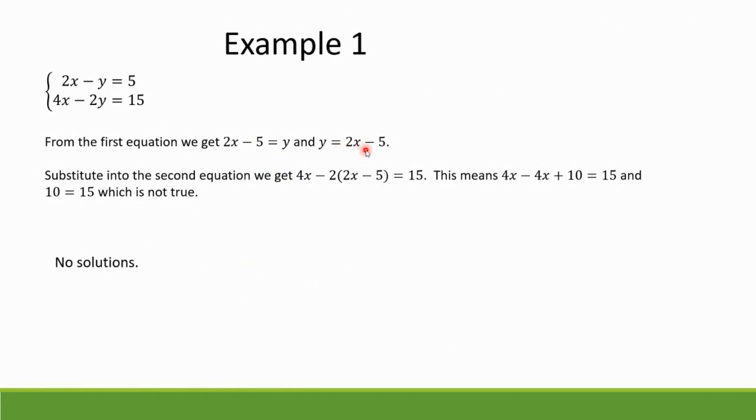Once you get one variable in terms of the other, so we got y in terms of x, we put it into the second equation, so we get 4x minus 2y becomes 4x minus 2 times 2x minus 5 equals 15. So that's what we get here.